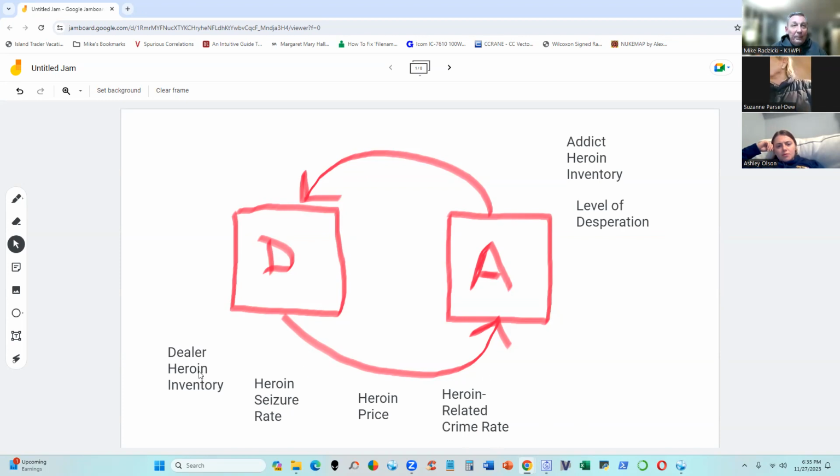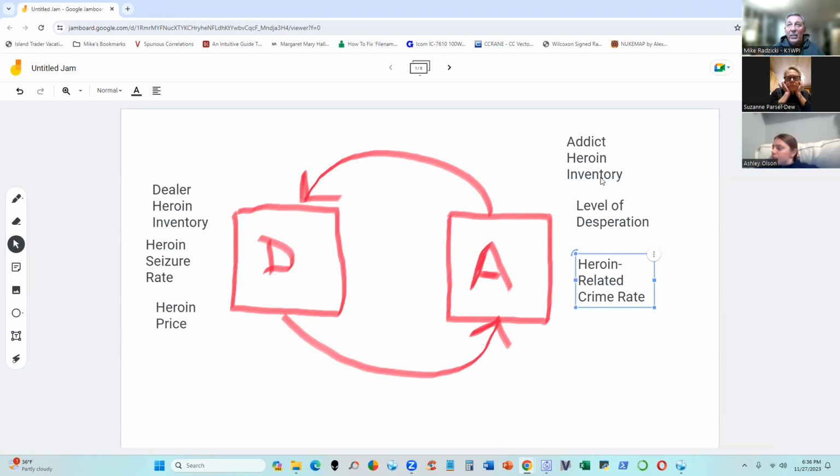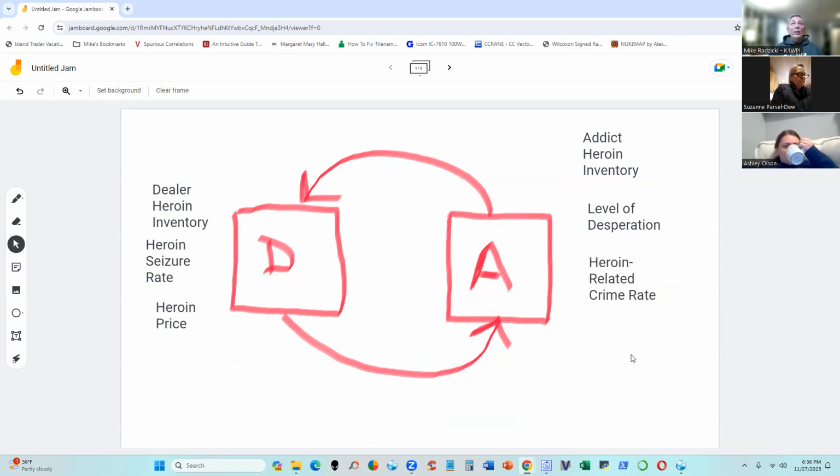So the dealer's heroin inventory is probably in the dealer sector. The seizure rate is probably over here. Price, I think the dealer sets the price, not the addicts, and the crimes are created by the addicts. Okay, so it's probably three variables in each sector, something like that.